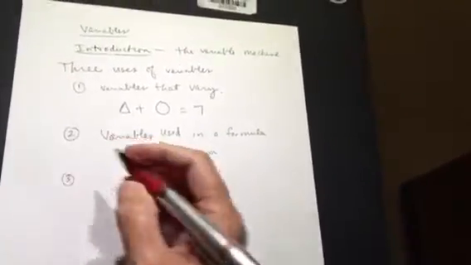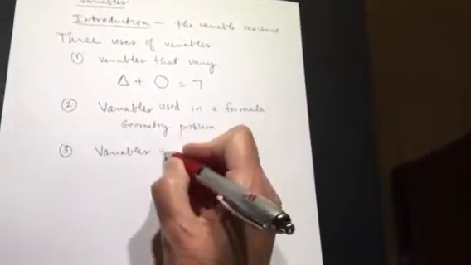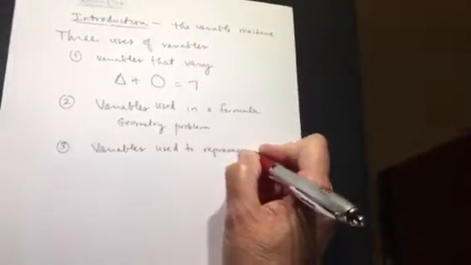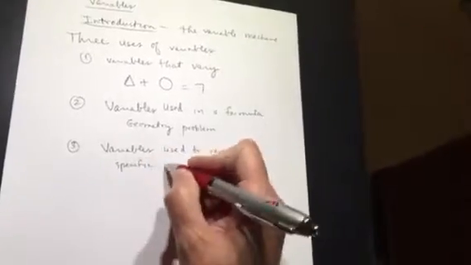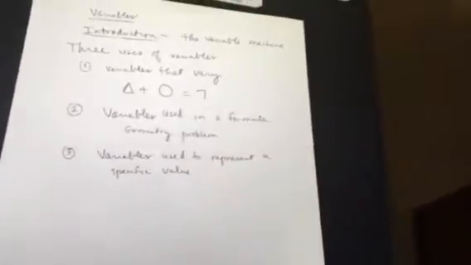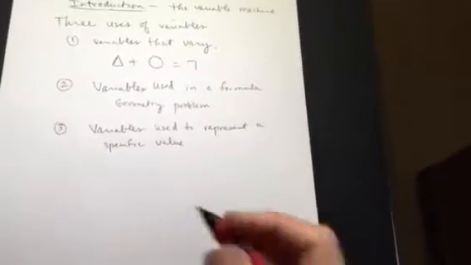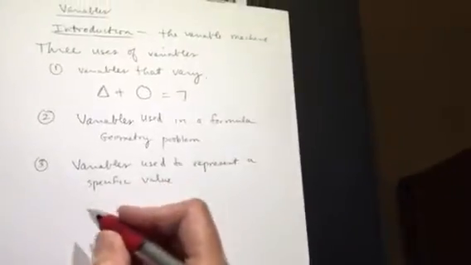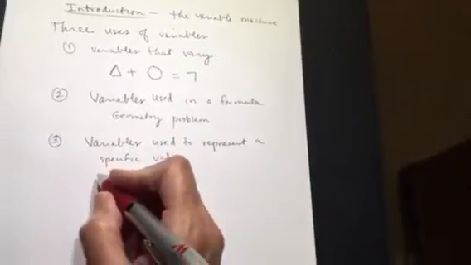The third use of variables is this: variables used to represent a specific value. I never thought of it this way till a few years ago, when I was taking that history of math class at Southern University.